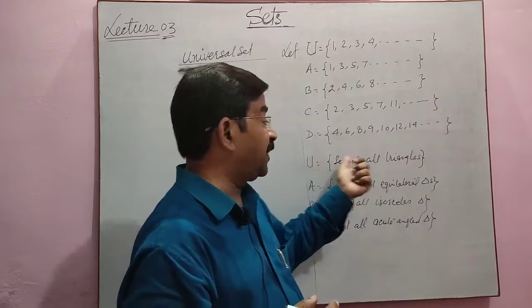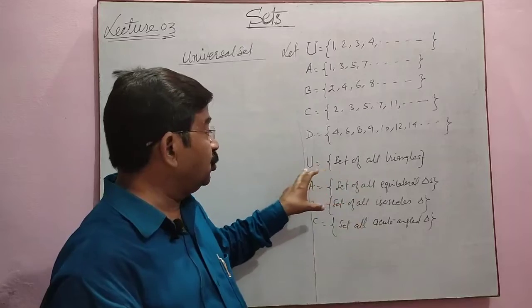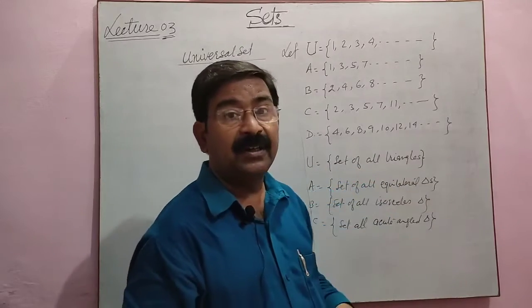These sets are of its own kind, so U is said to be the universal set.